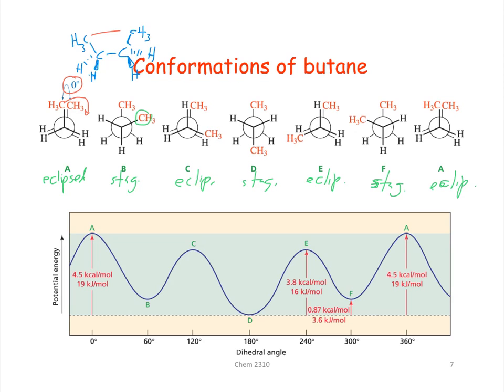All right, so let's look first at the eclipsed conformations. So here's one, and here's one. And then we get back here. This one's the same as what we started out with. So would these three eclipsed conformations be equal in energy?